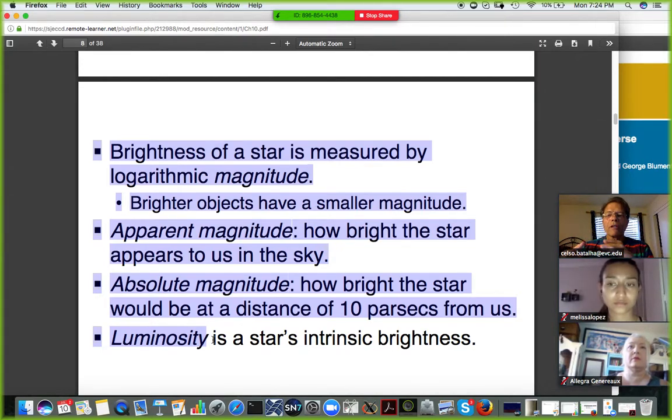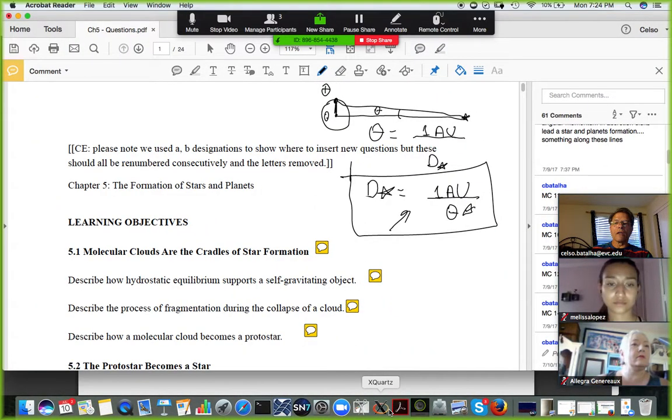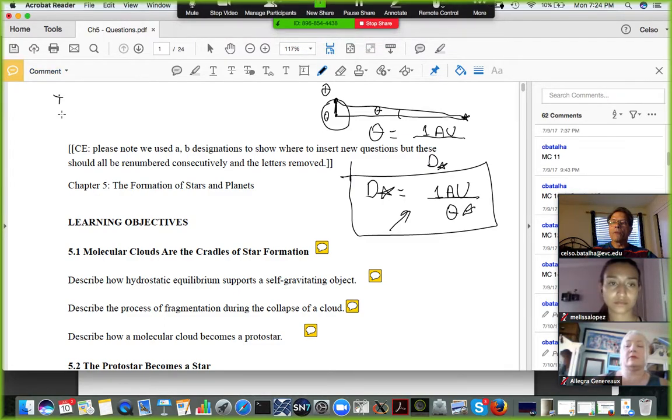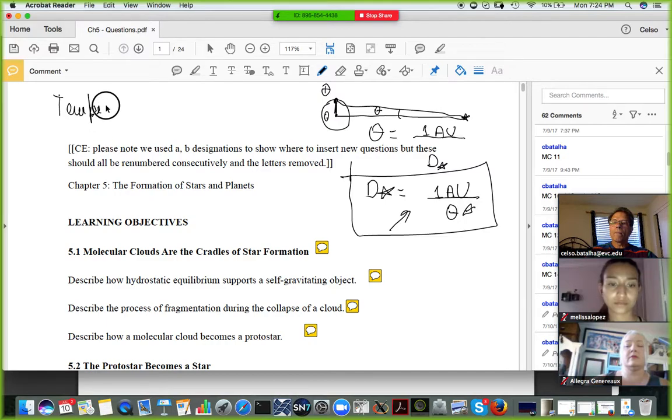So the main point when we learn about brightness and luminosity, a measure of the energy the star produces, is that this measure depends on two important quantities: temperature and size.